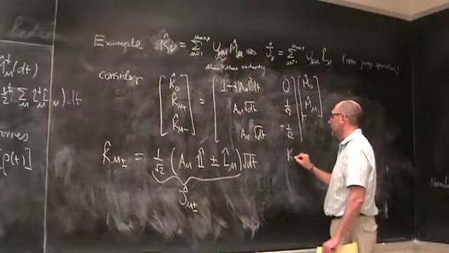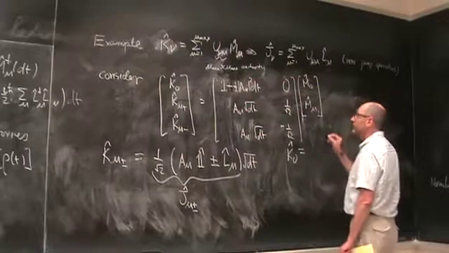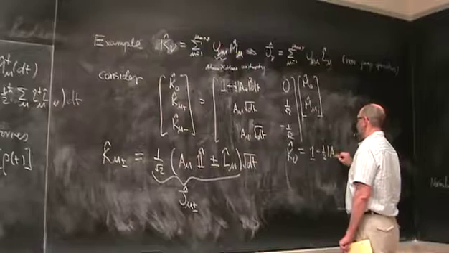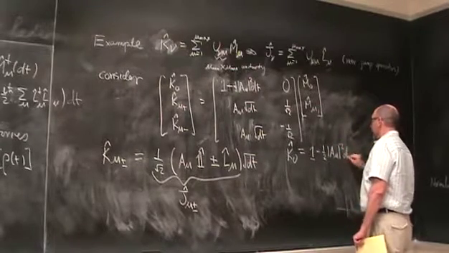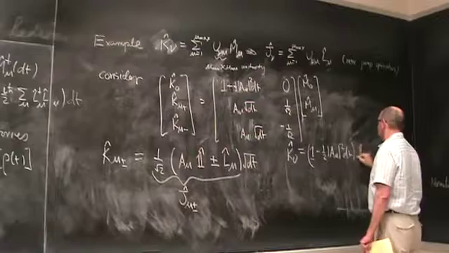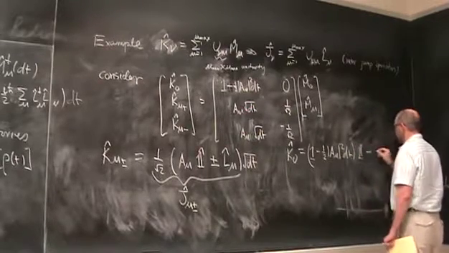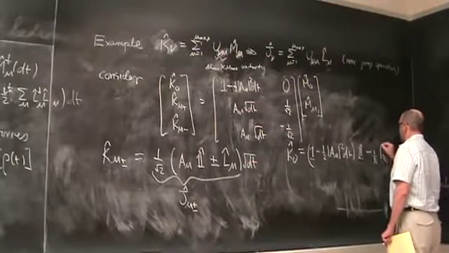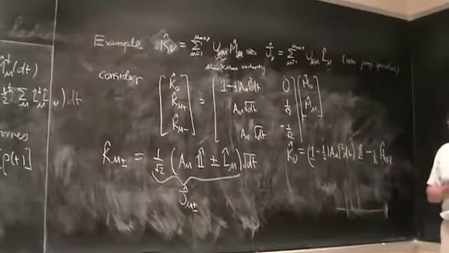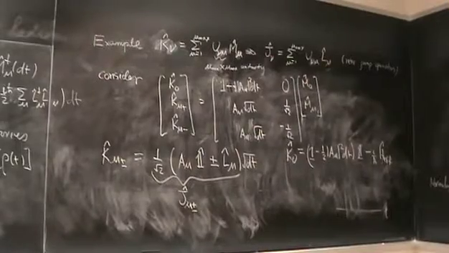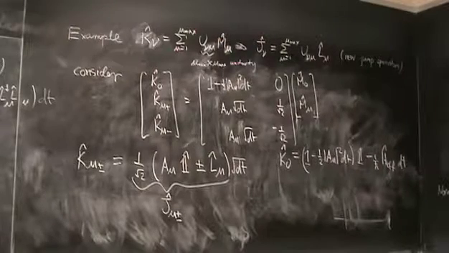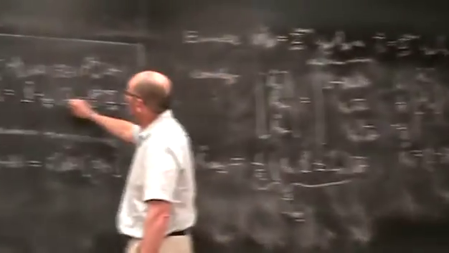K0 is equal to 1 minus a half a mu squared dt times the identity minus i over h bar H effective, keeping things to the same order as dt. Right? Plugging in for M0. This is H effective.